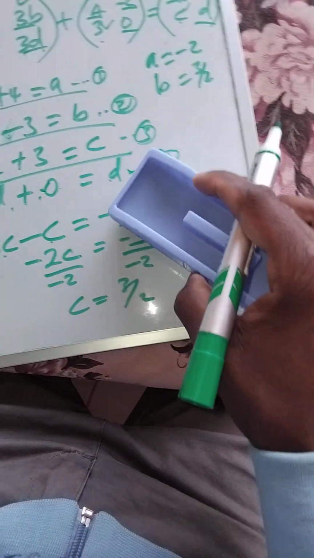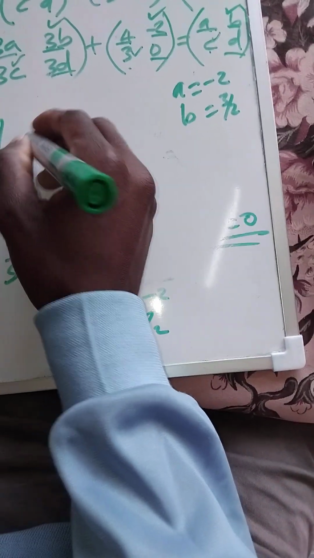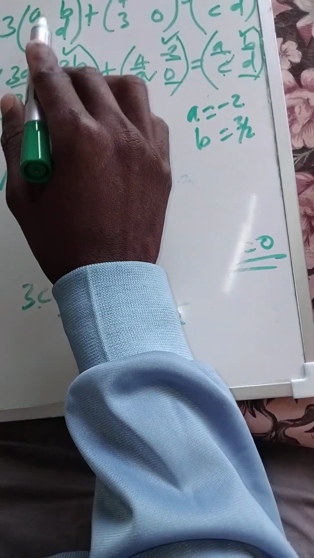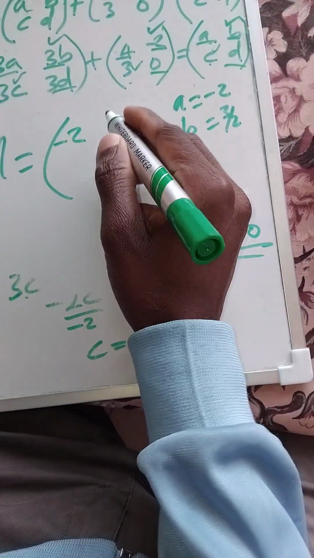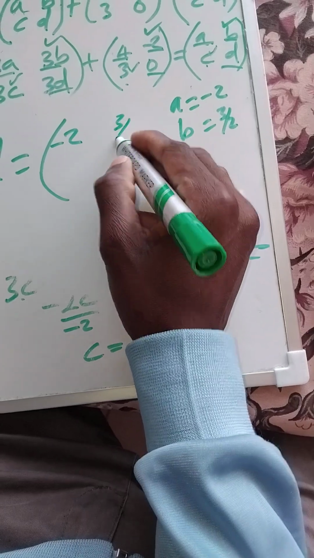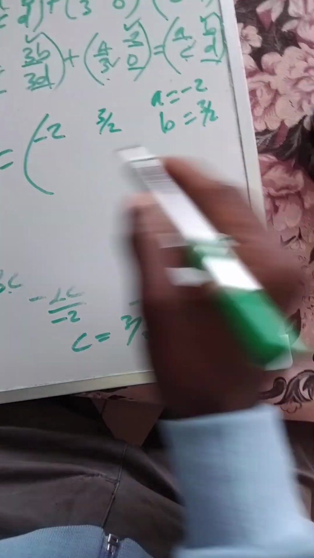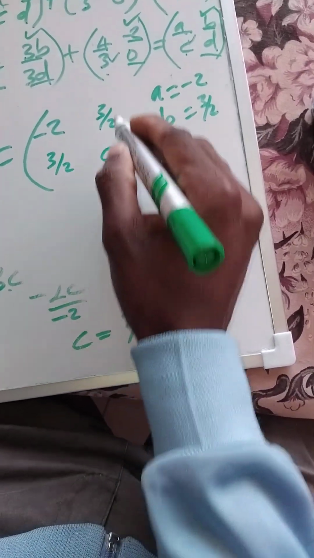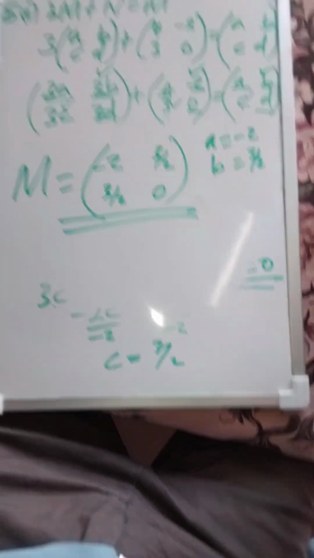So our matrix M is: a is negative 2, then b, then c, then d is 0.